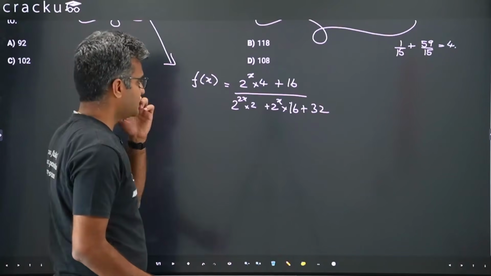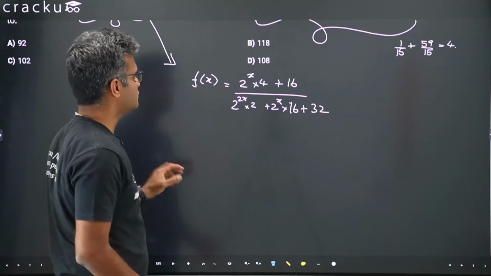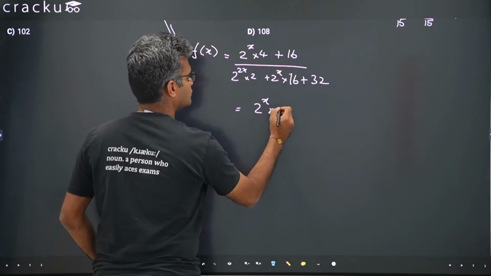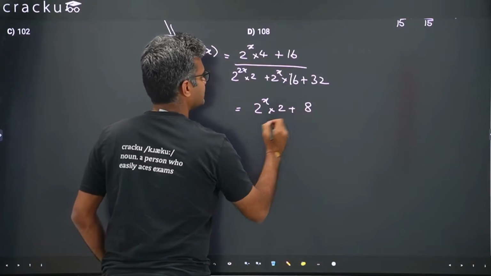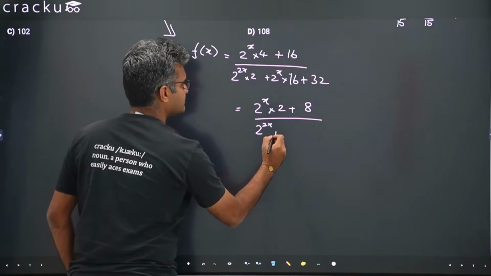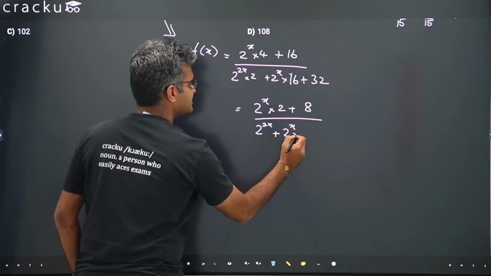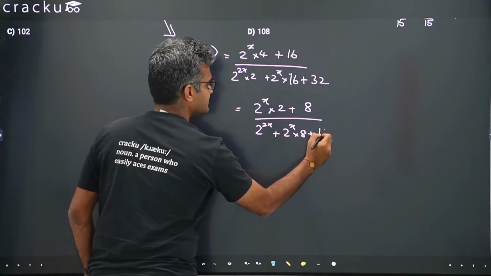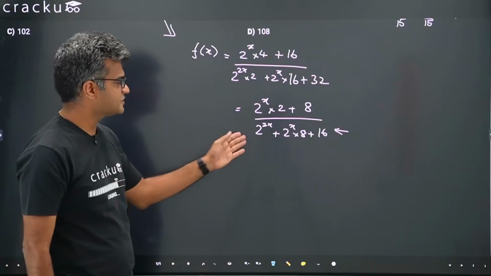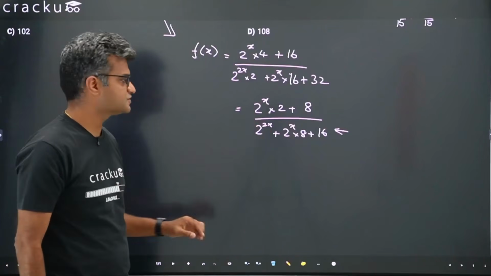Now, if you divide the numerator and denominator by 2, we are going to get 2 to the power x into 2 plus 8 divided by 2 to the power 2x plus 2 to the power x into 8 plus 16. Now the denominator is interesting because this is 2 to the power x plus 4 whole square.